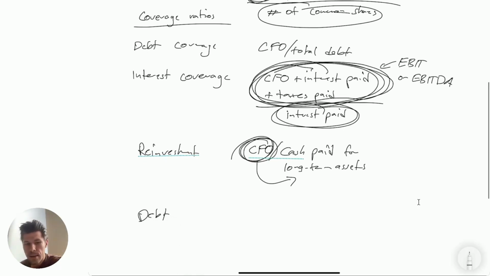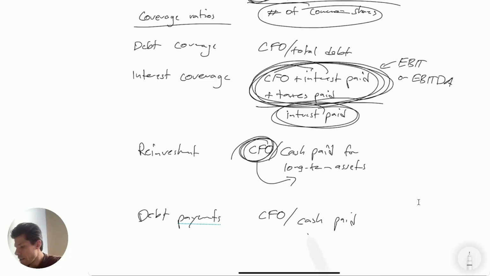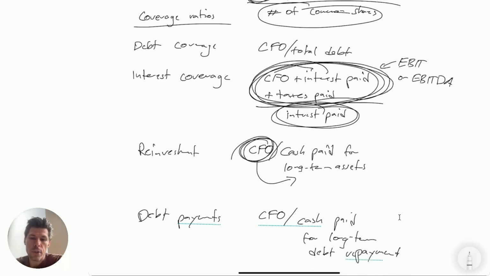And then debt payment, CFO divided by cash paid for long-term debt repayment, ability to pay debt with operating cash flow.